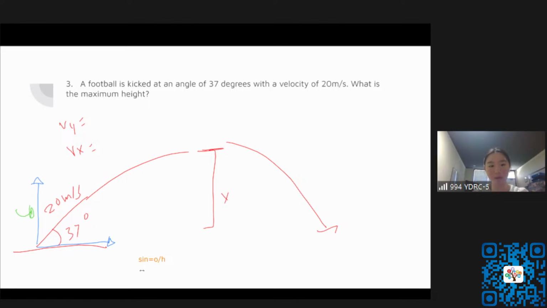So you can just do 20 meters per second times sin 37 to find Vy. That's the first step. And similarly for Vx, we can use the definition of cos equals adjacent over hypotenuse and find that the horizontal velocity Vx is 20 meters per second times cos 37.